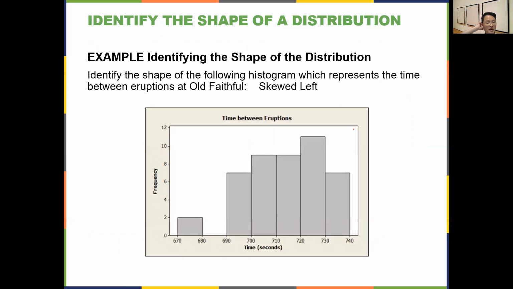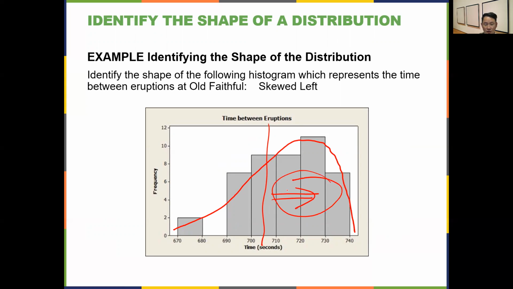So something like this, what do you think? From the middle, I guess, more data points are on the right side, so we call this skewed left, just like that, right? Not a big deal. Okay, so that's the wrap for this chapter.